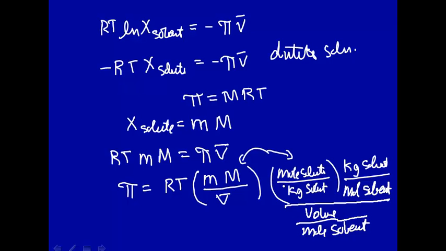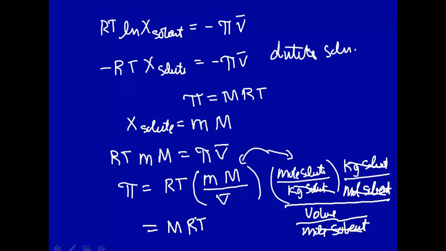So if we start to cancel these things out, kilogram of solvent, kilogram of solvent, mole of solvent, mole of solvent, what you're left with is mole of solute per volume. Mole per volume is molarity. So this term is just molarity.